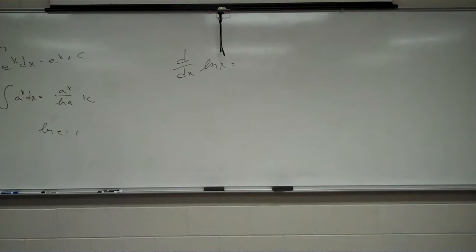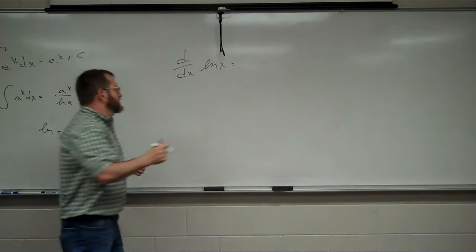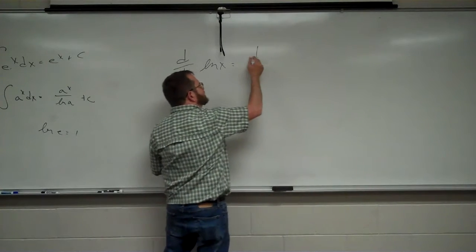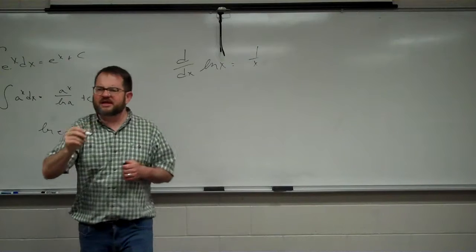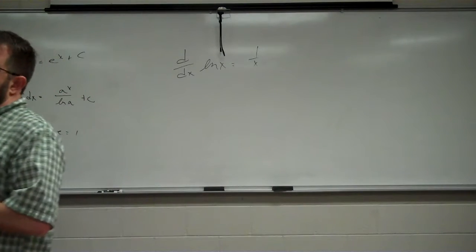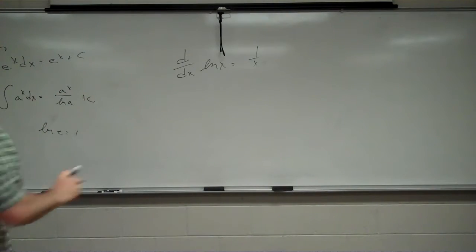Do you happen to remember what it was? Was the derivative of natural log 1 over x? Yeah, I think that's right. I always get confused as to whether it's 1 over x or x plus 1 over x. I think it's 1 over x. All right. That's odd.